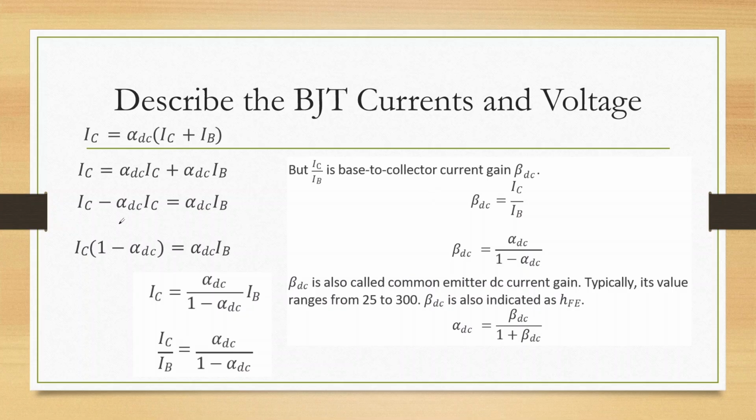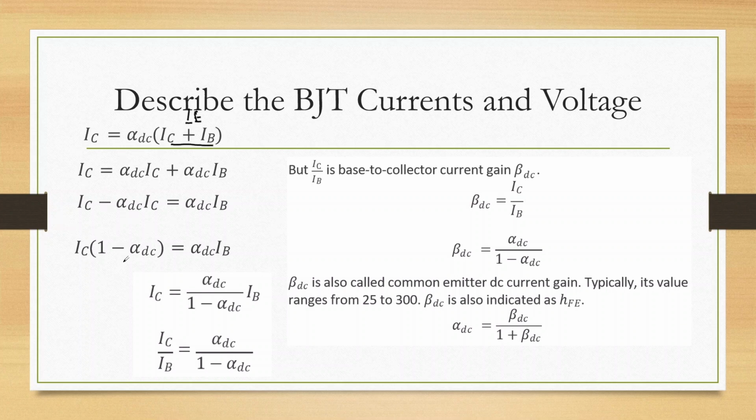So you can see, you can write like this by taking that previous equation, alpha DC into IE. IE I can write as IC plus IB, so that it will be like this.